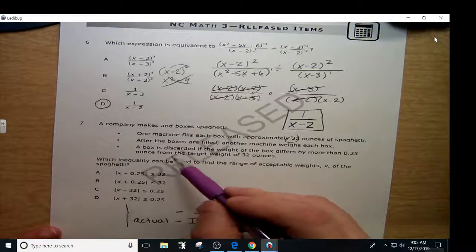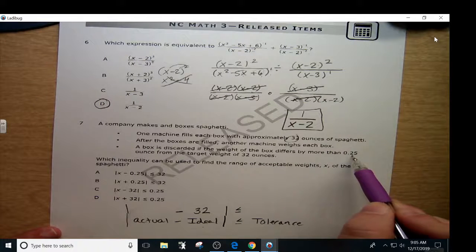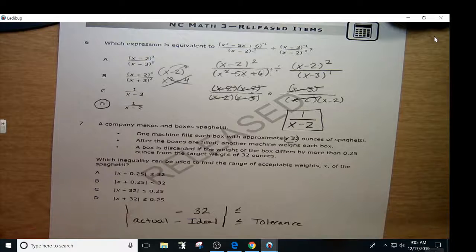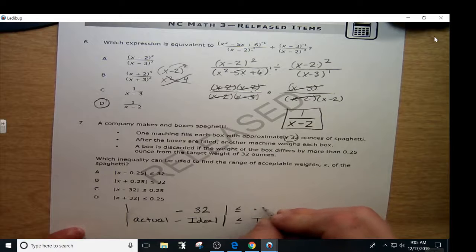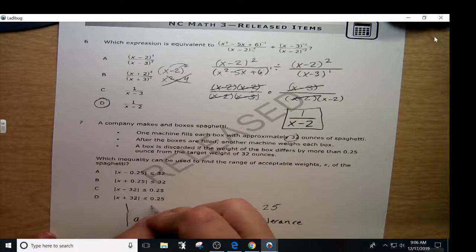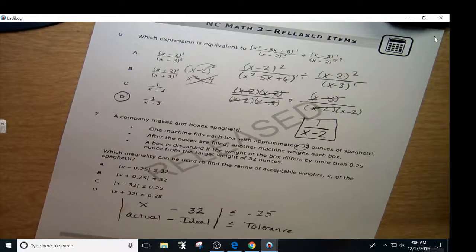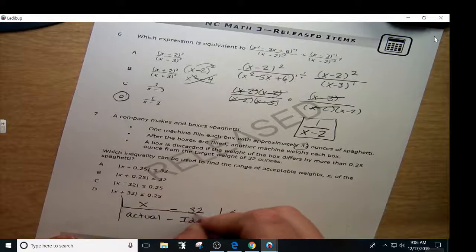Look, guys, a box is discarded if the weight of the box differs by more than 0.25 ounce. So the tolerance is they can have 0.25 heavier or 0.25 lighter, but you can't go over that. So that 0.25 goes here. That's your tolerance. And your actual, well, guys, you don't know the actual until you weigh the spaghetti. So now, this is your answer right here.